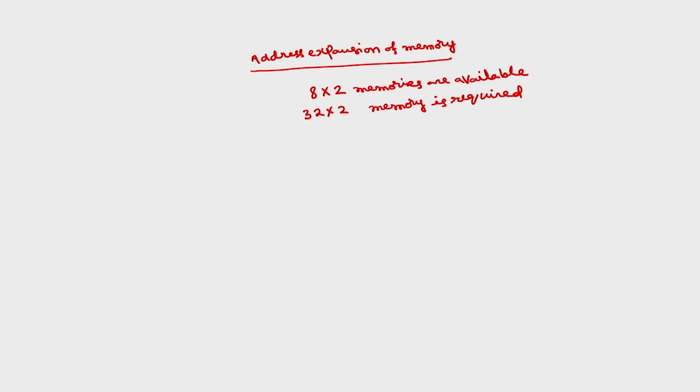So, first you draw the block diagrams of both. Okay. So, I have the 8 by 2 memory. We have 8 locations here, I want 32 locations. Okay. Basically, the number of address lines of the 8 by 2 memory will be, it can be read only memory or random access, they have the same logic. So, for 8 by 2, how many address lines will be there?